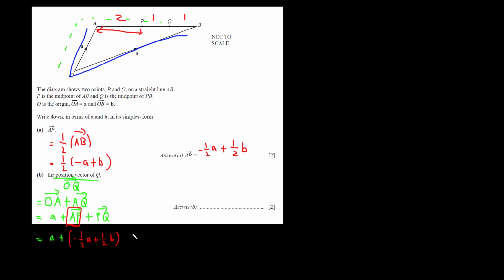Then for you to get from P to Q would be another 1 over 4 of A to B.